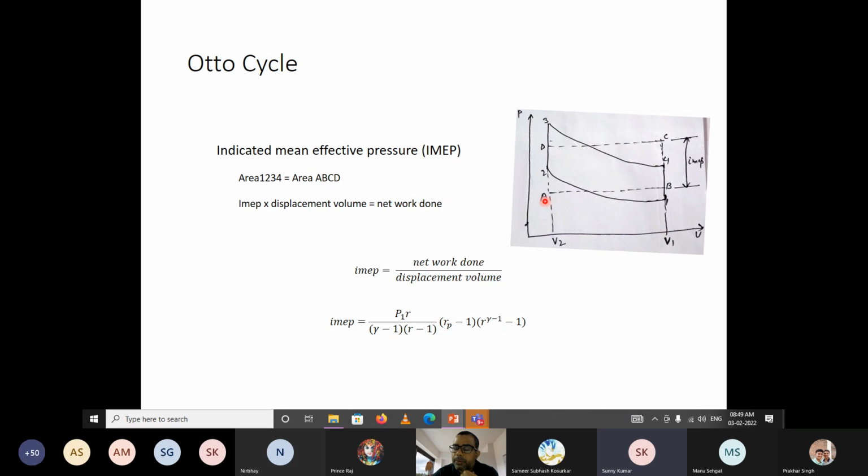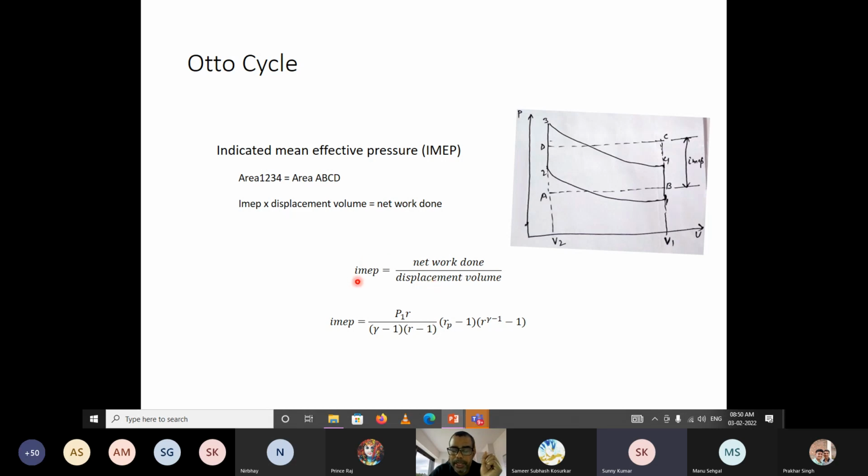And the area of the rectangle is the indicated mean effective pressure, that is this length, into AB, and AB is nothing but V1 minus V2. So the indicated mean effective pressure is the net work done divided by the displacement volume.